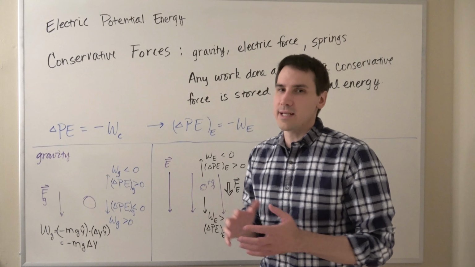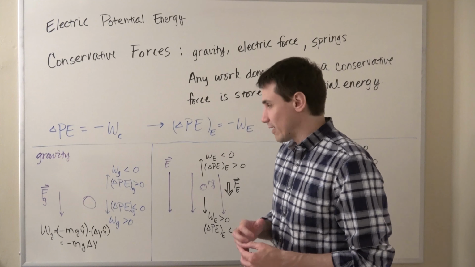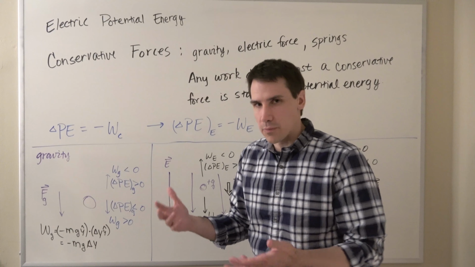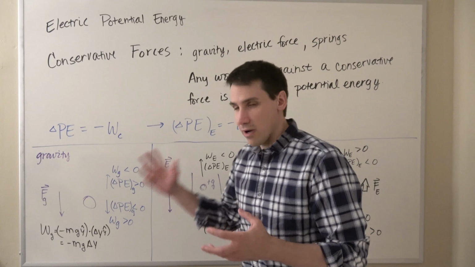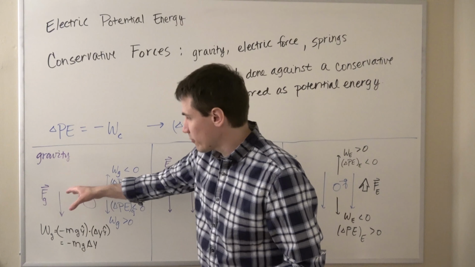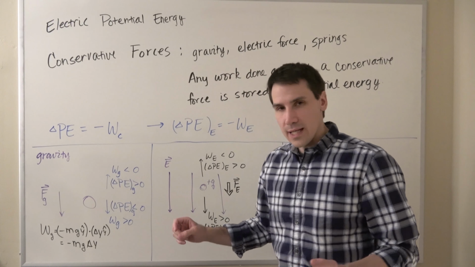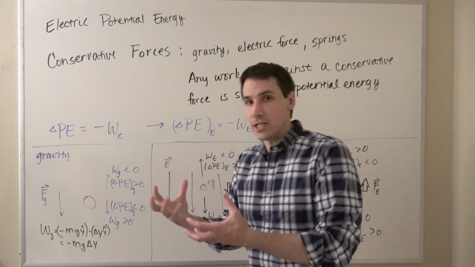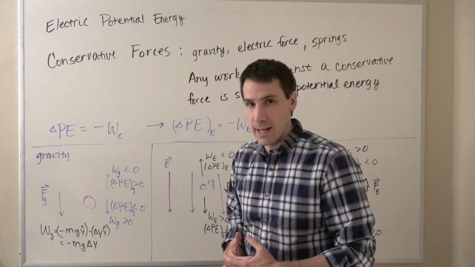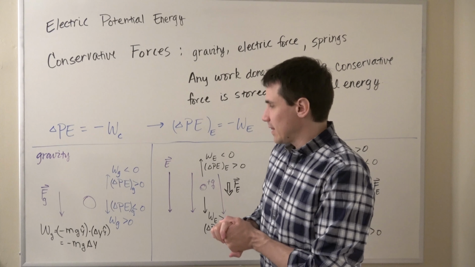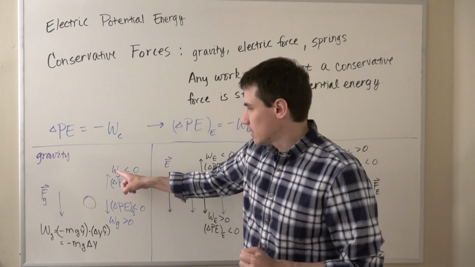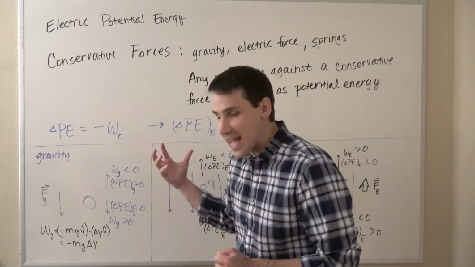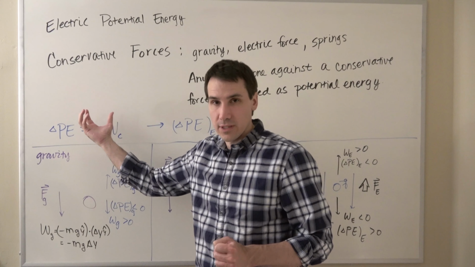To begin with, let's take a look at the familiar example of gravity. So imagine that I have a massive particle, a ball, say, in a gravitational field. It is experiencing a force due to gravity downwards, and imagine that I lift that ball upwards. I know that I'm going to be increasing the gravitational potential energy of that ball, and I know this because the gravitational force is doing negative work as the ball is being lifted.